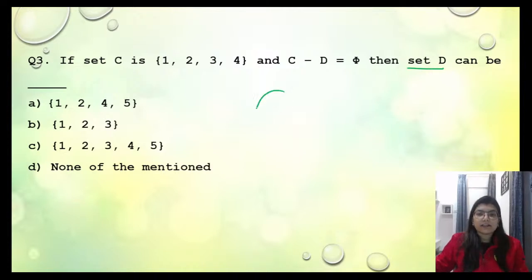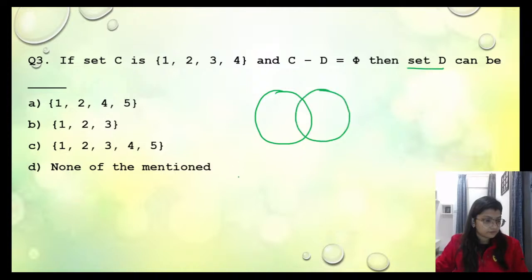So if I have this Venn diagram type of thing, okay, so this is set C and this is set D. They are saying C minus D, you all know what C minus D will be? C minus D will be this value, this entire thing, this much will be C minus D, right?